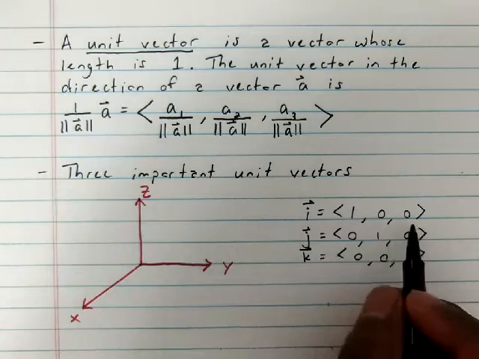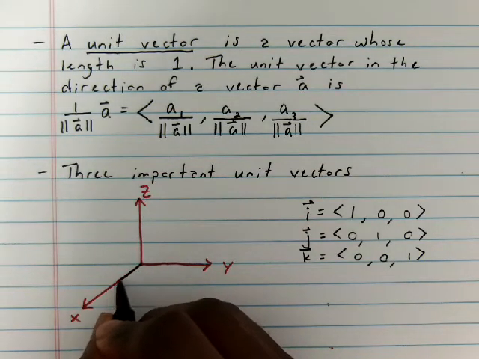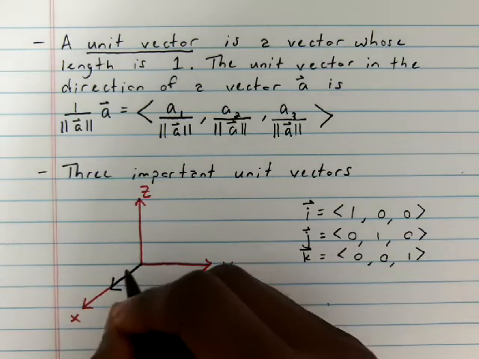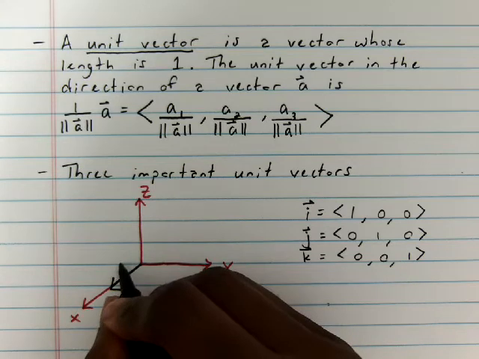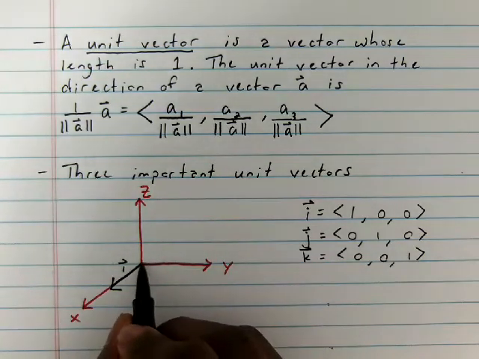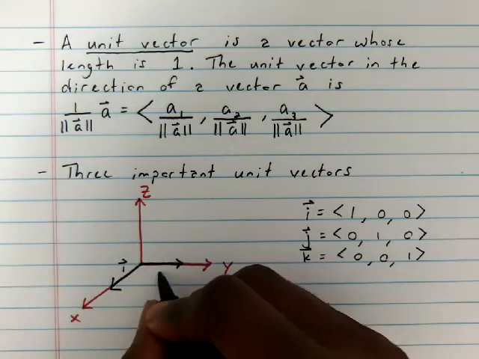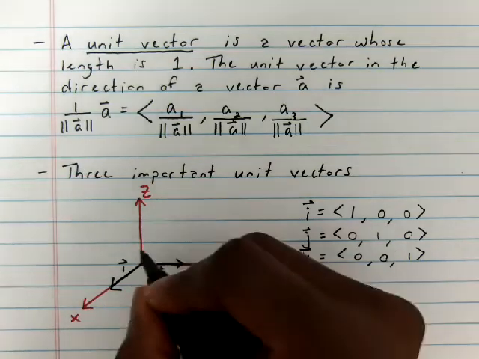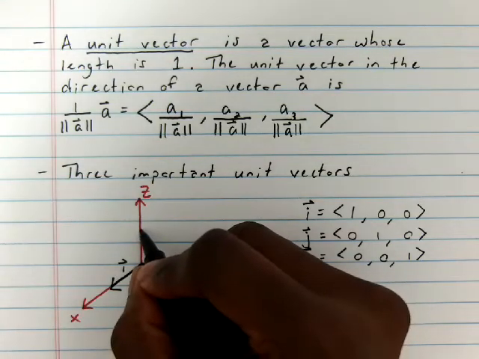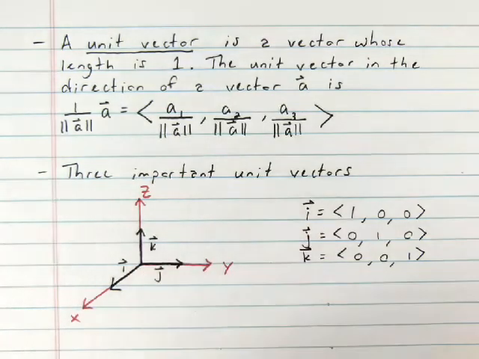The vector i is on the x-axis, but it has length 1, so we'll just label that i. The vector j is on the y-axis, and it has length 1. And the vector k is on the z-axis, and it has length 1.